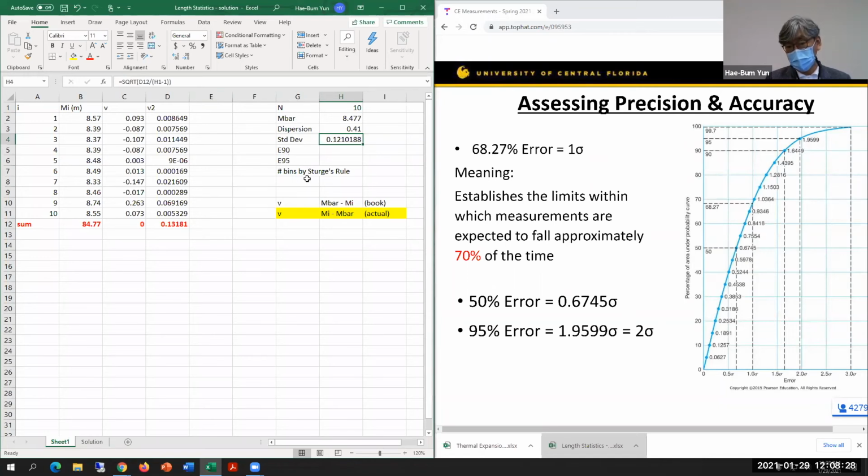I actually have a question, Professor, real quick. For the dispersion, we're supposed to use the max value and the minimum value, but they're using for the dispersion B10 and B8, so 8.55 and 8.46, which neither is the largest or the smallest value.